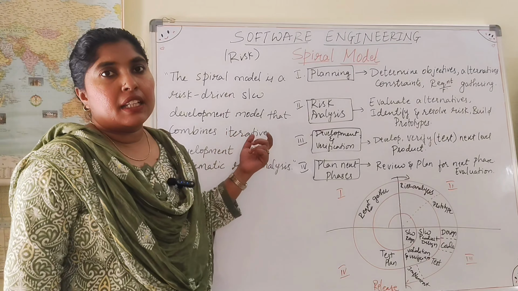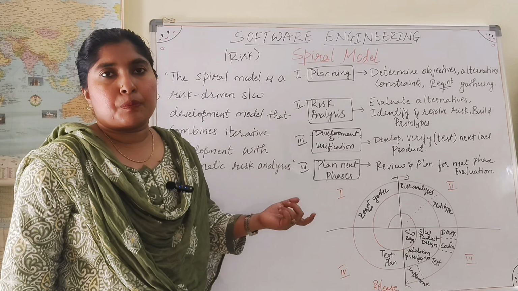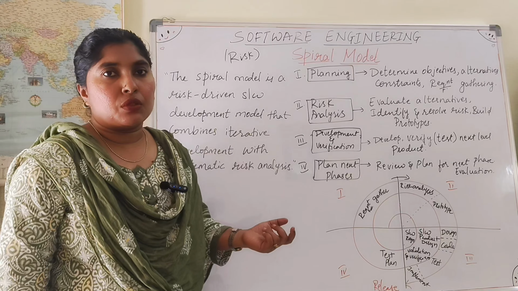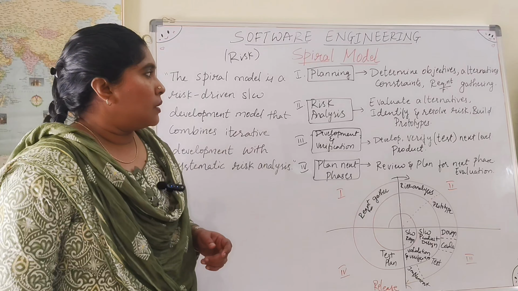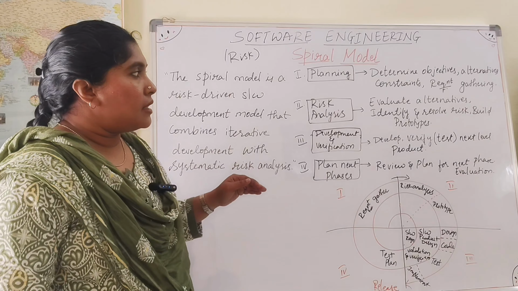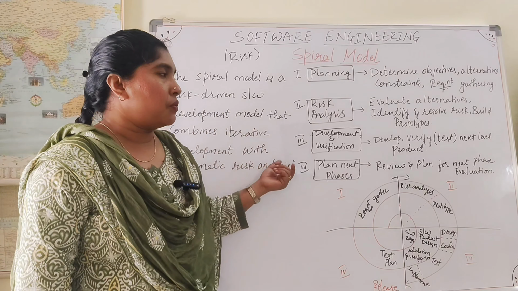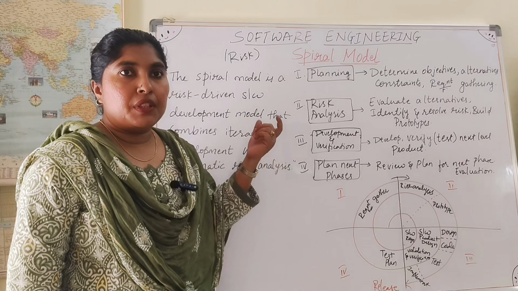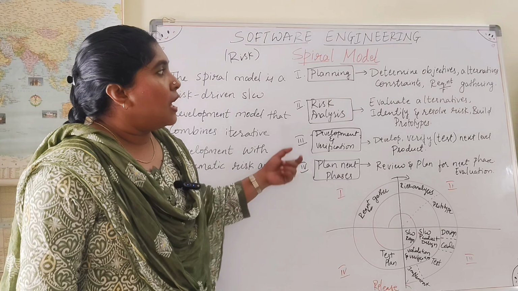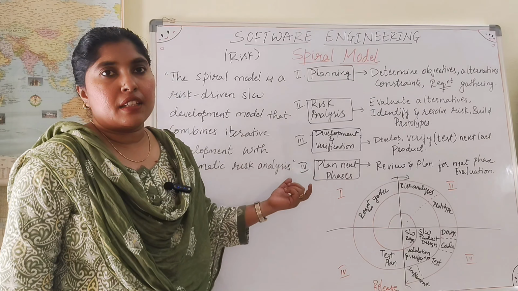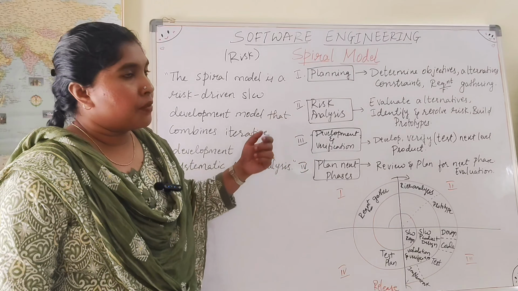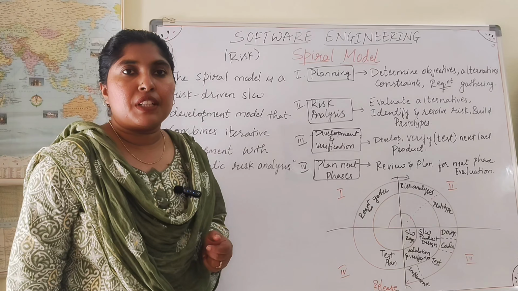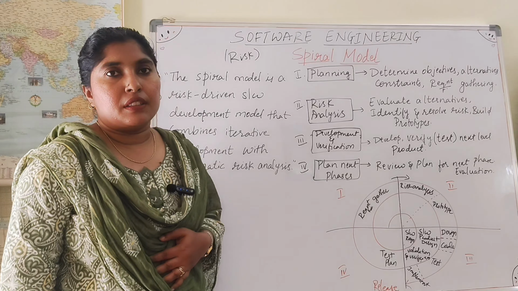If necessary, they come up with a prototype and experiments to reduce the risk and problems associated with the project. So in risk analysis, conclusively, we find the risks, try to resolve them, and evaluate alternatives for the objectives taken from the planning phase, and if necessary, we come up with a prototype design.